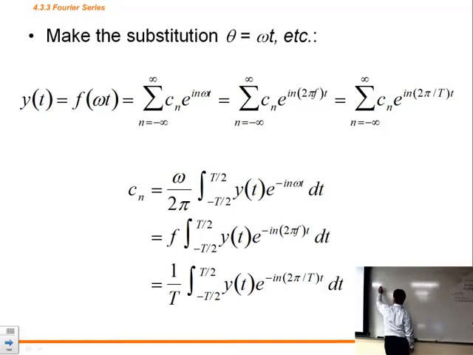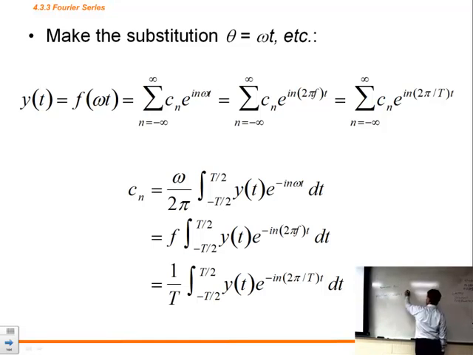So the square wave, amplitude 1, just make it simple, is f of, so y of t is f of omega t, which is f of 2 pi f of t.